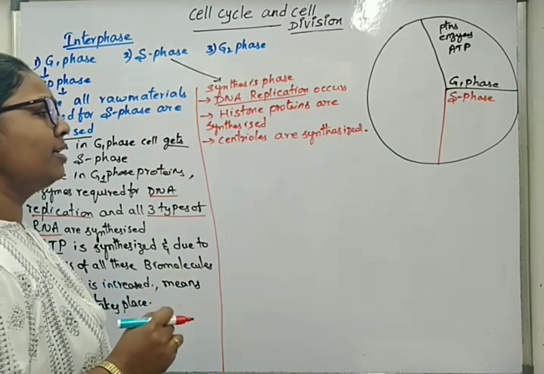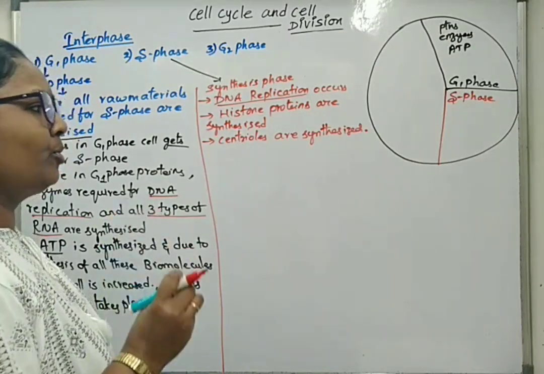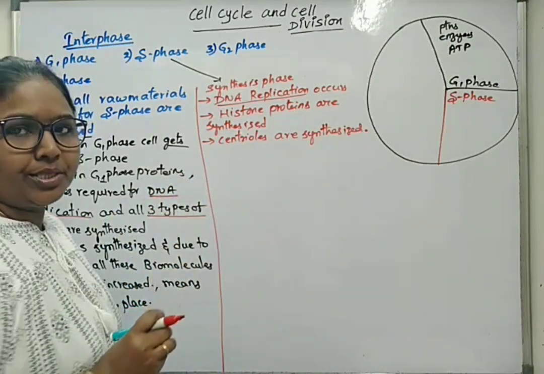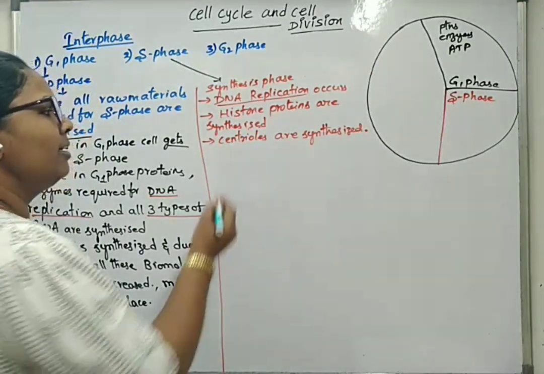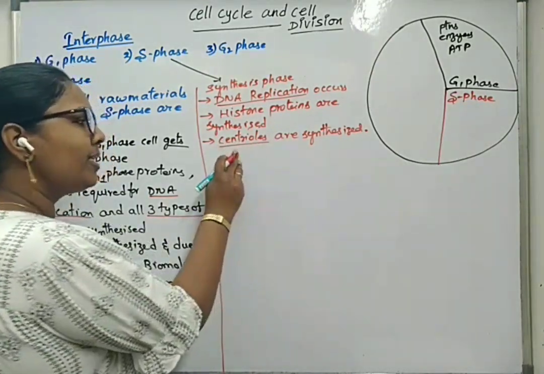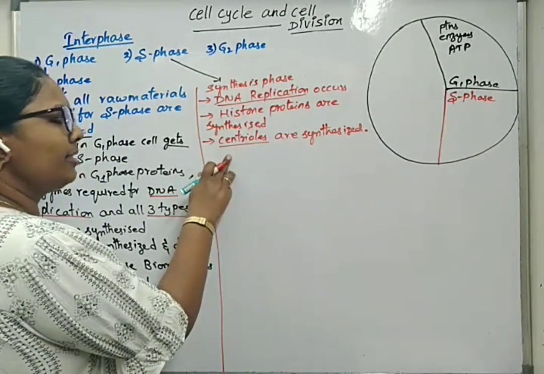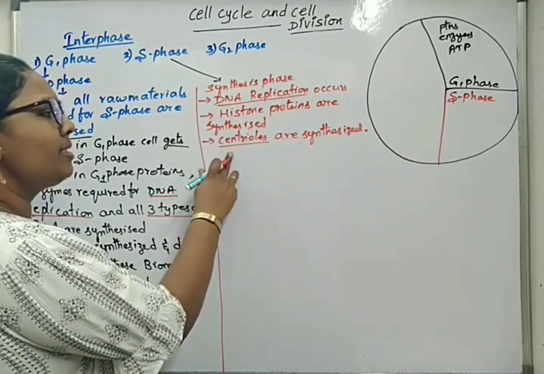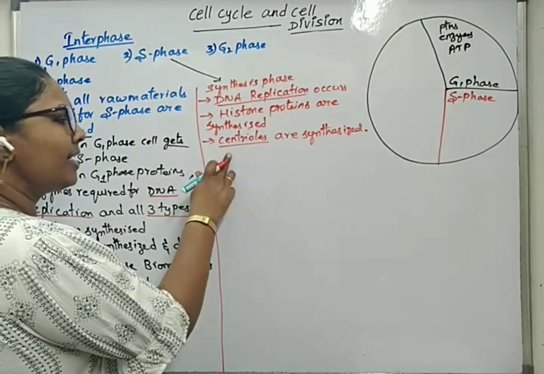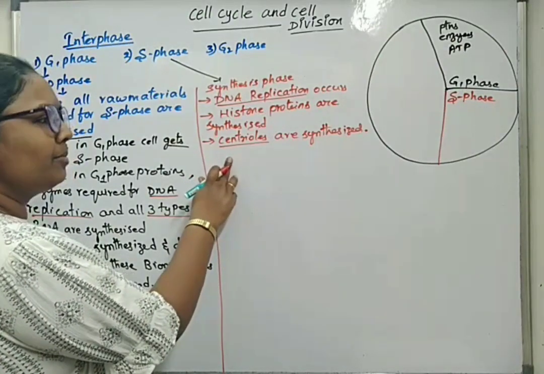Those spindle fibers will drag the chromosomes towards the opposite poles. That we will learn later, but here just remember that one of the cell organelles called centrioles is synthesized, which forms spindle fibers that are necessary for dragging chromosomes to opposite poles.